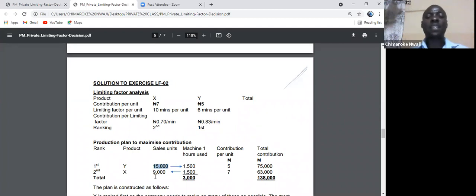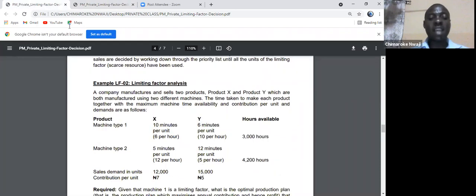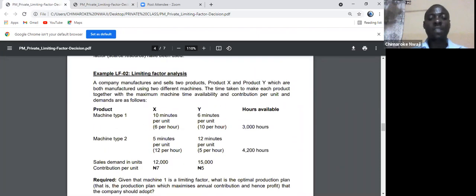Let's start with the sales units for Y, because Y is what will be satisfied first. The sales demand is 15,000. So you ask yourself, can you satisfy the whole 15,000 given the available resource of 3,000 hours?